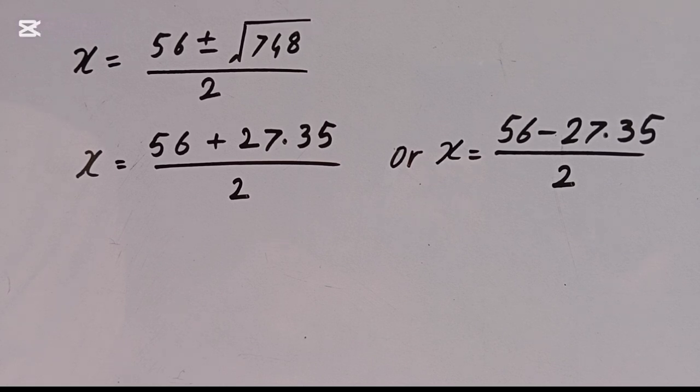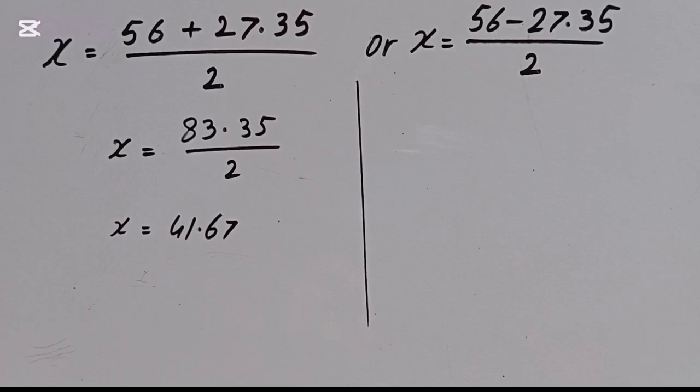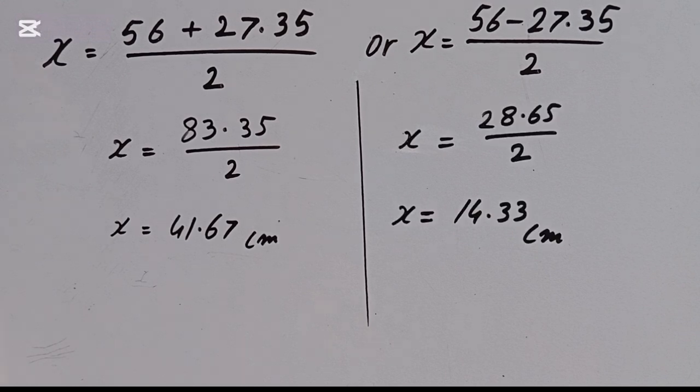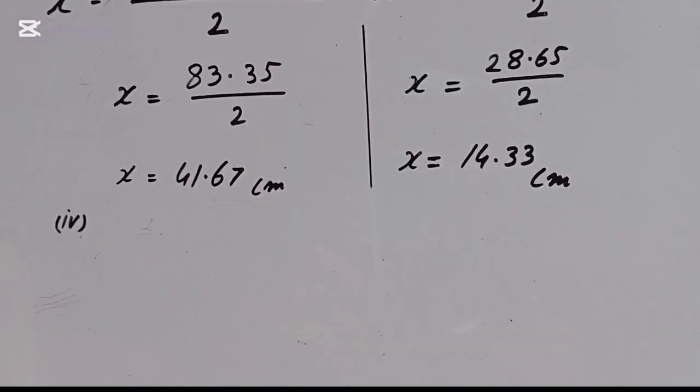Once x is equal to 56 plus 27.35 by 2, and then x equal to 56 minus 27.35 divided by 2. Value of x becomes 41.67 centimeter, or x equal to 14.33 centimeter. It was all the solution of the part 3.